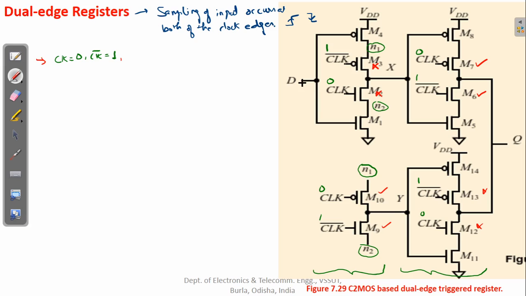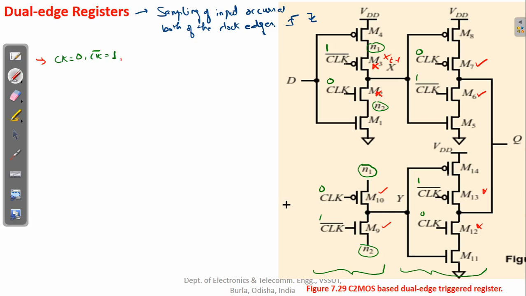So let's say D can be 0 or 1. Okay, so let's say if D is 0, so irrespective of the value of D, because this is in hold mode, this is not going to change the value of this node X. So here we will get the previous value, that is X t minus 1. Now here look at this node Y. Now Y will change because this is in transparent mode.